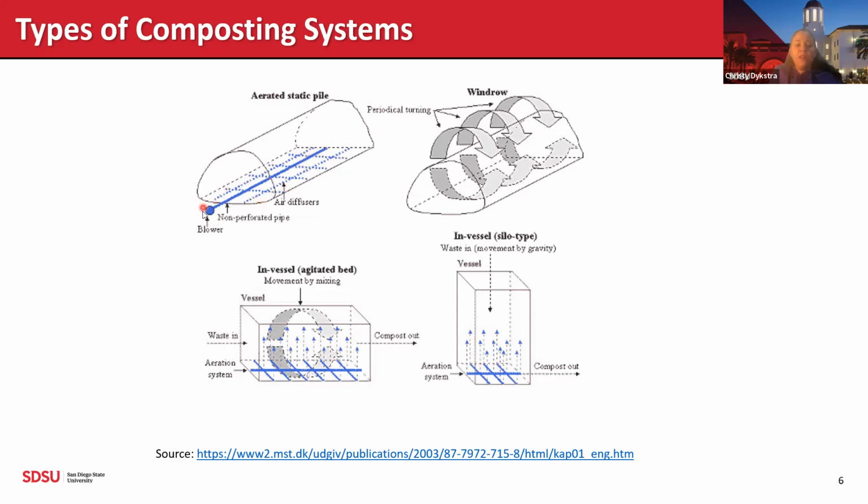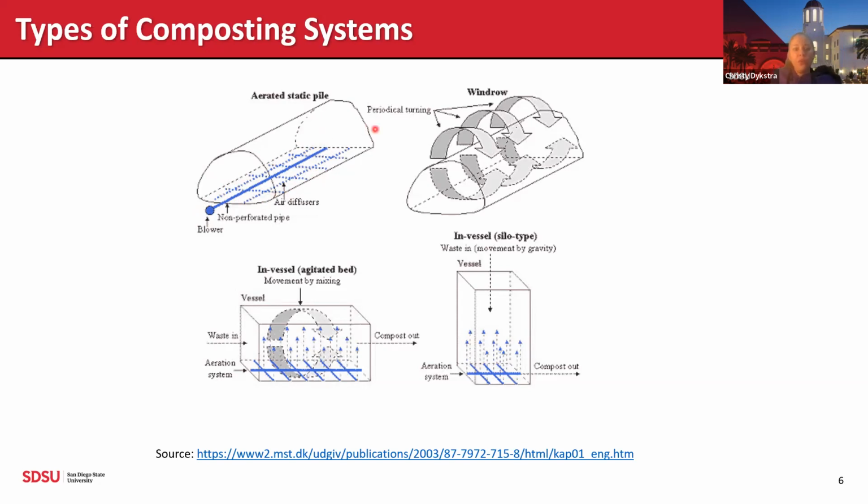These perforated pipes, these air diffusers on the side, release air into the pile. And that way you don't have to do anything with the pile. The pile just sits there and you're blowing air through the voids to supply the oxygen.